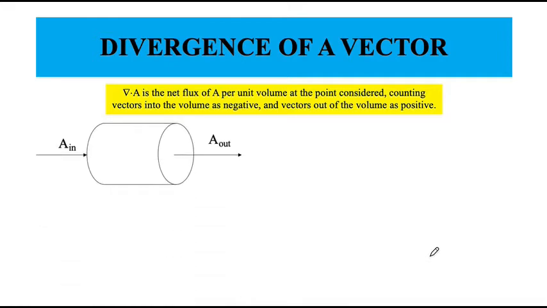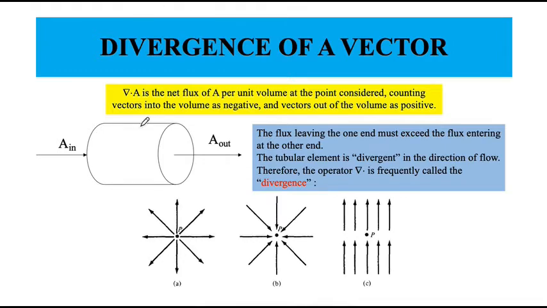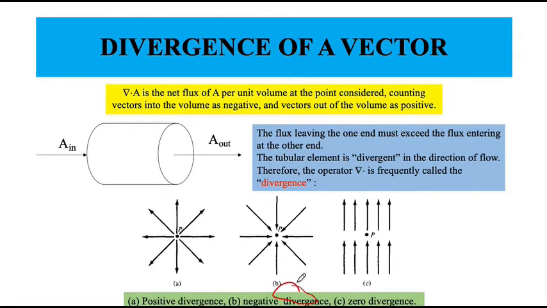So the figure shows the divergence of a vector field at P is positive because the vector diverges at point P. In the second figure, the vector field has negative divergence at P because it converges. Here it is diverging, so it is positive. Here it is converging, so it is negative divergence. In the third figure, the vector field has no divergence at point P.